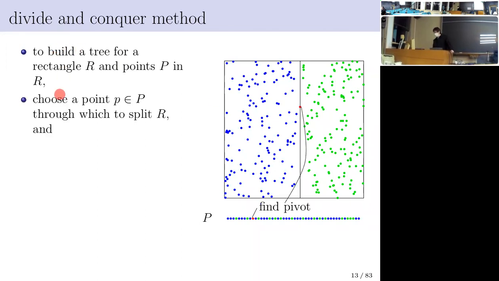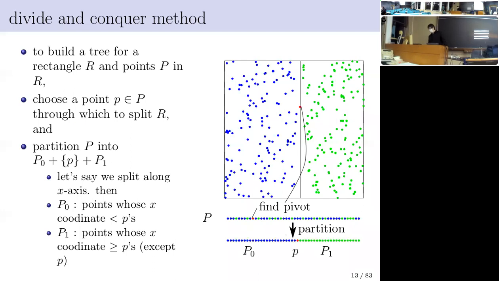So more specifically, you simply choose a point P, well, any point actually. I'll get to a better way to choose this P, but just choose any P through which to split R. And then just partition the original set of points P into all the points left of this chosen point and all the points right of this chosen point, like this.